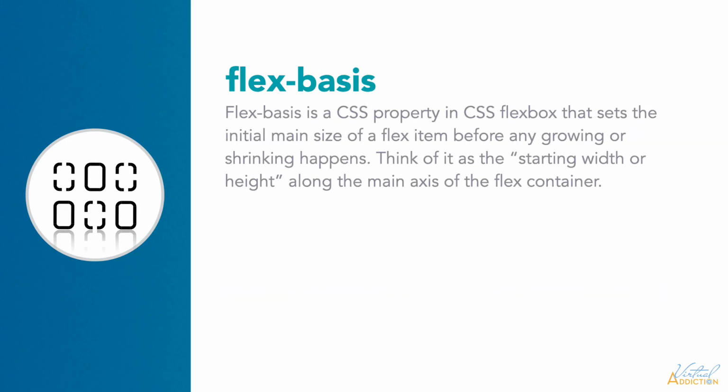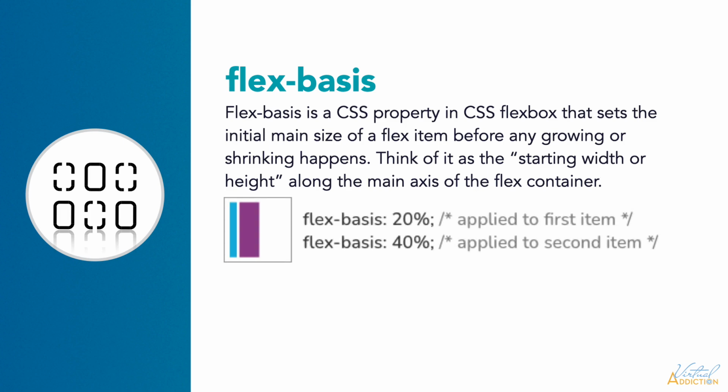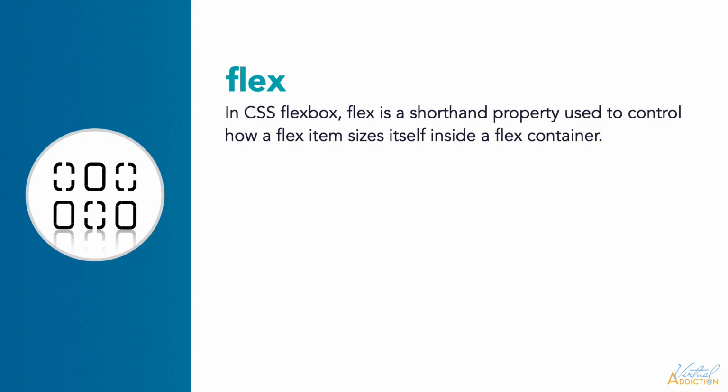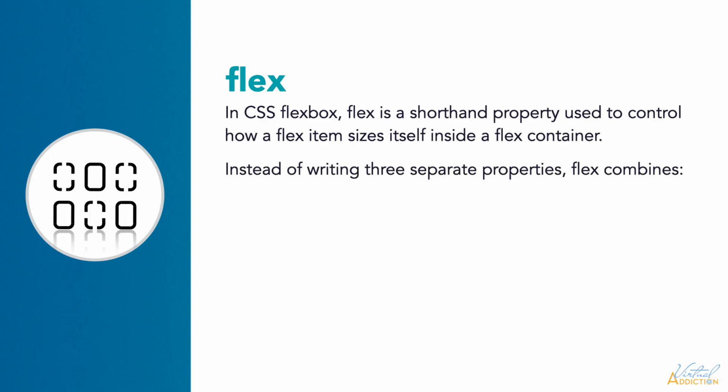Flex basis is when we set the initial size of a flex item before growing or shrinking. You can think of flex basis as the reserve space for an item before anything else happens, like a starting block in a race. The flex property is a shorthand property. It's used to control how flex items size themselves within a flex container.